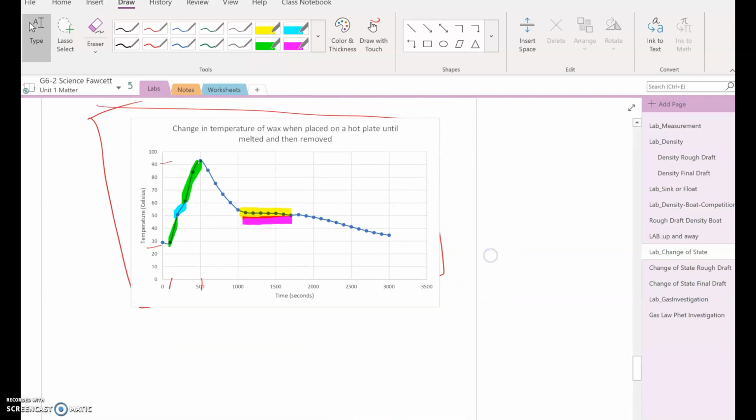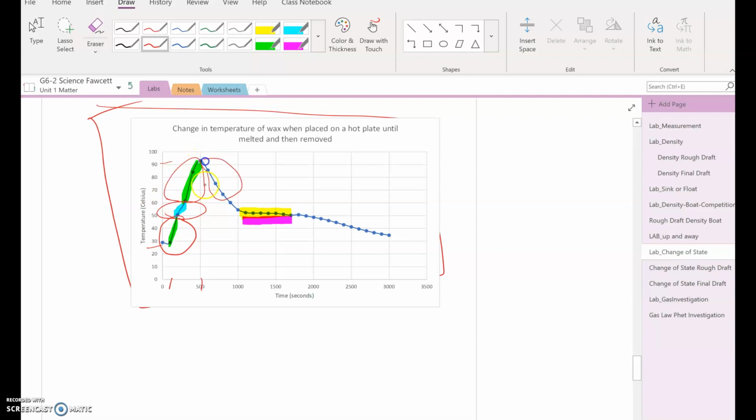And there really should be 6 different phases that you should be describing. We have the first phase where the temperature climbed as a solid. You have the phase where it was changing from a liquid to a solid. You have the phase where the temperature was climbing as a liquid.